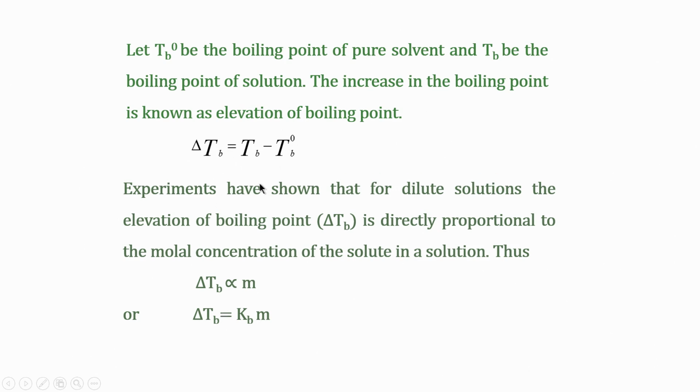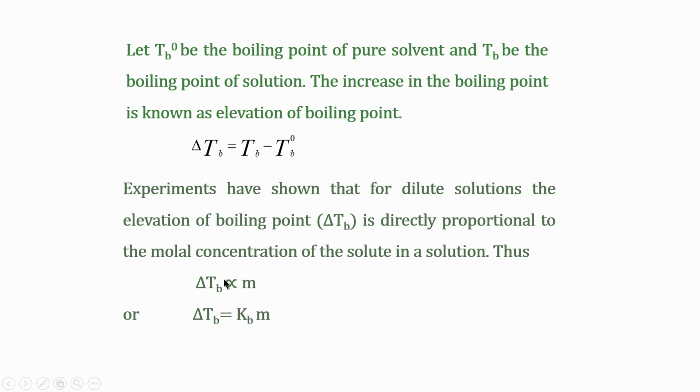So, experiments have shown that for dilute solutions the elevation of boiling point is directly proportional to the molal concentration of the solute in a solution, that is so many grams of the solute in so many kg. You remember our discussion.